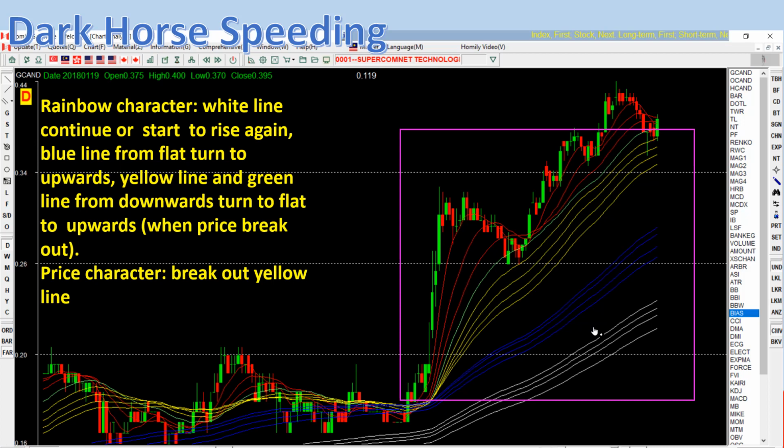So here means the medium-long term also rises. And the yellow line and green line turn from downwards to flat to upwards. When the price breaks out, then it will go upwards. The price character is breaking out of the yellow line, which means a medium-term uptrend is coming.